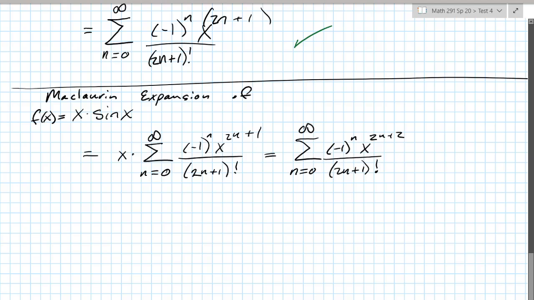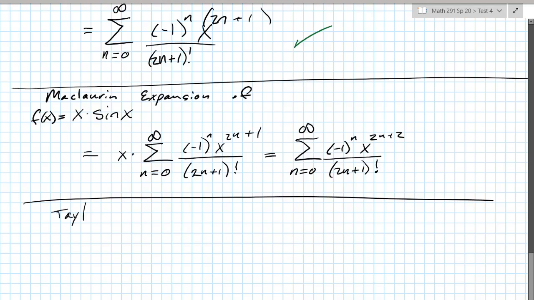All right, so next let's do a Taylor expansion for, let's do sine x again, but now at x equals, I don't know, let's go with pi over 4.